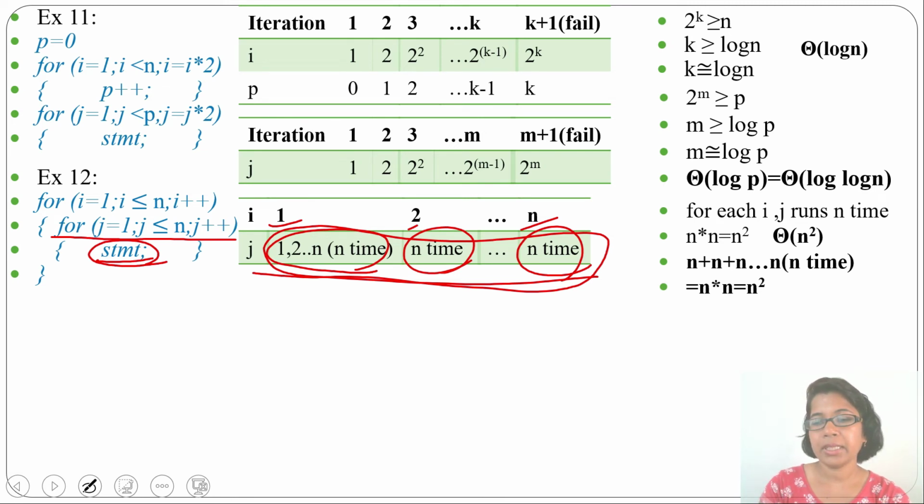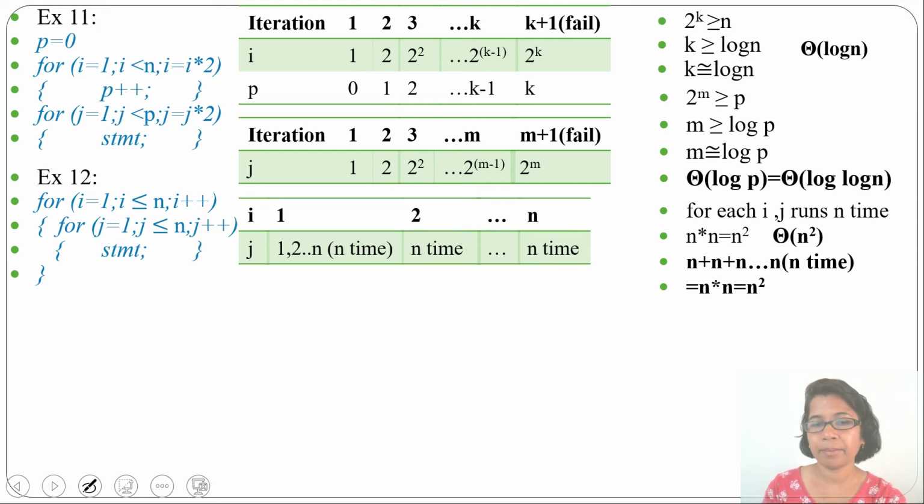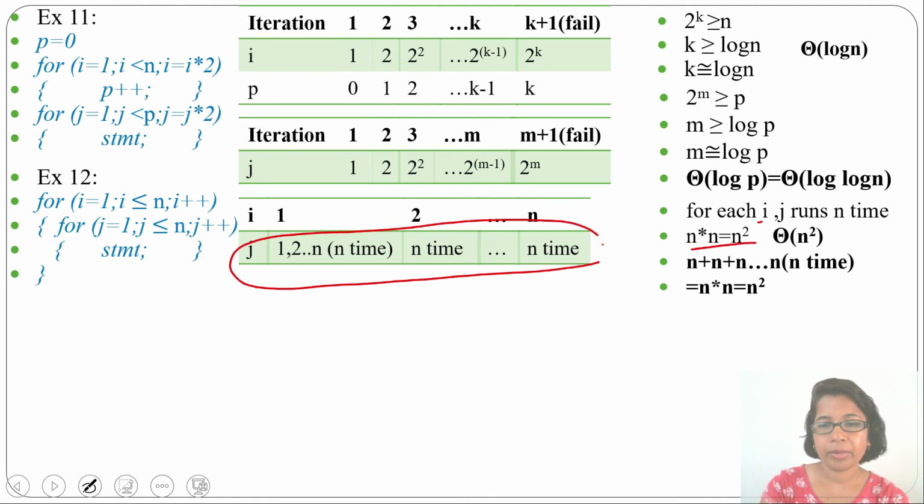So running time is theta of n square. Either you can find it through the summation method, or you can check for each i how many times j runs and i runs n times. For each i, j runs n times, you can multiply, or simply you can add how many times j runs, and you will find the running time.